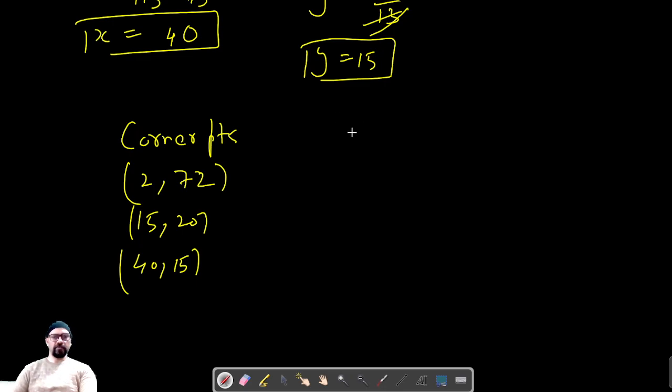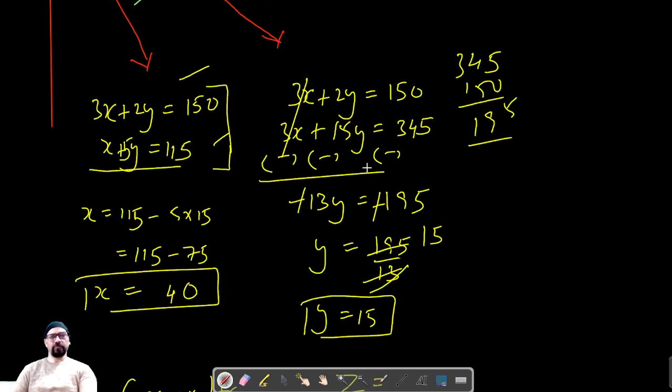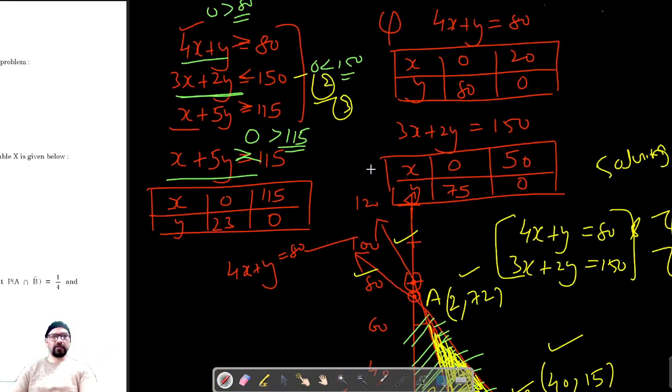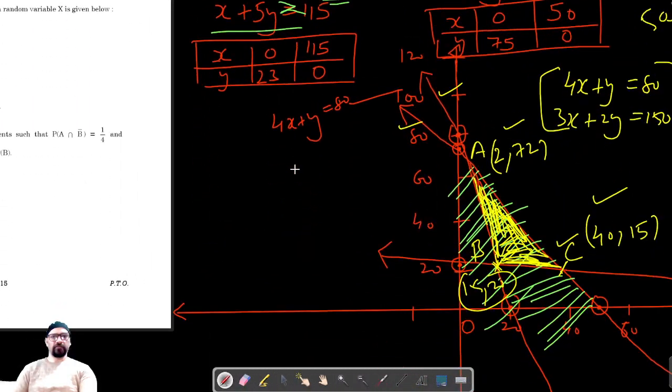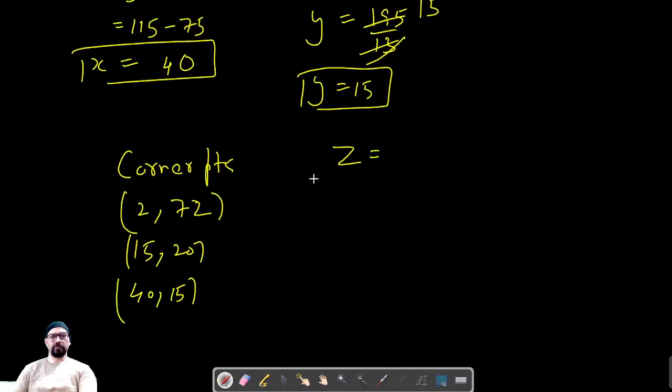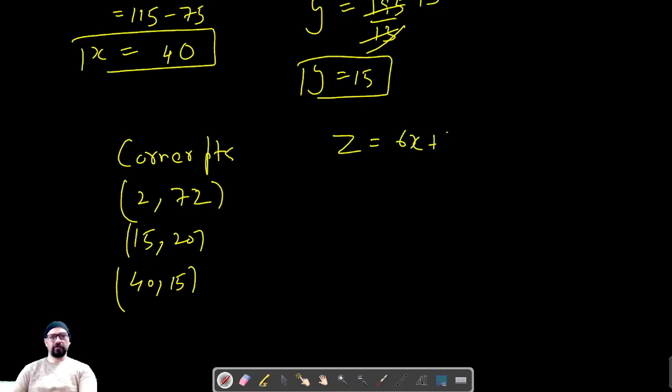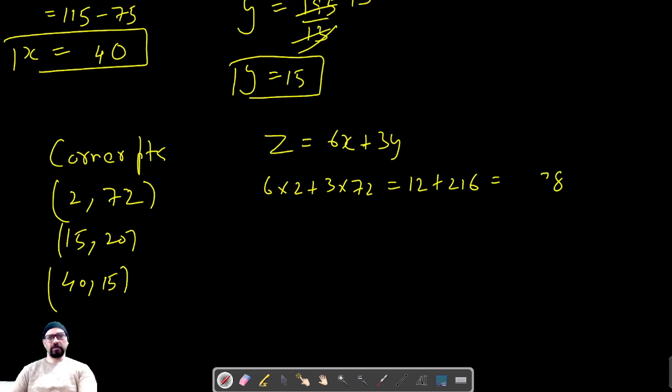And let's try to find the value of z. Z was 6x plus 3y. So this is 6 into 2 plus 3 into 7/2, which is 12 plus 21/2, which is 22.5.